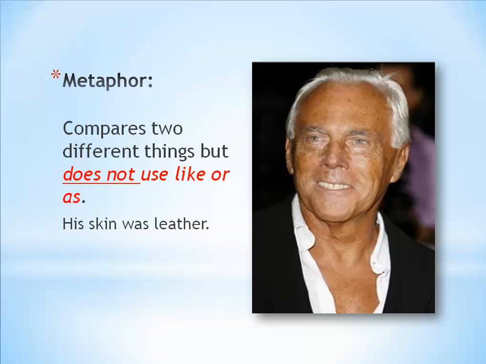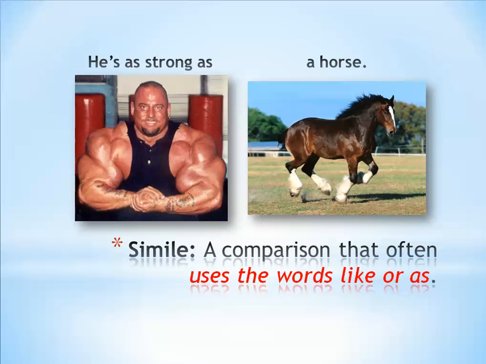Now if I were to say his skin was as tough as leather, okay, it's very similar to what I just explained. However, this is a different literary device, and this is called a simile, because we're using the words like or as. So when you look at this picture, this guy, whoa, he's strong.